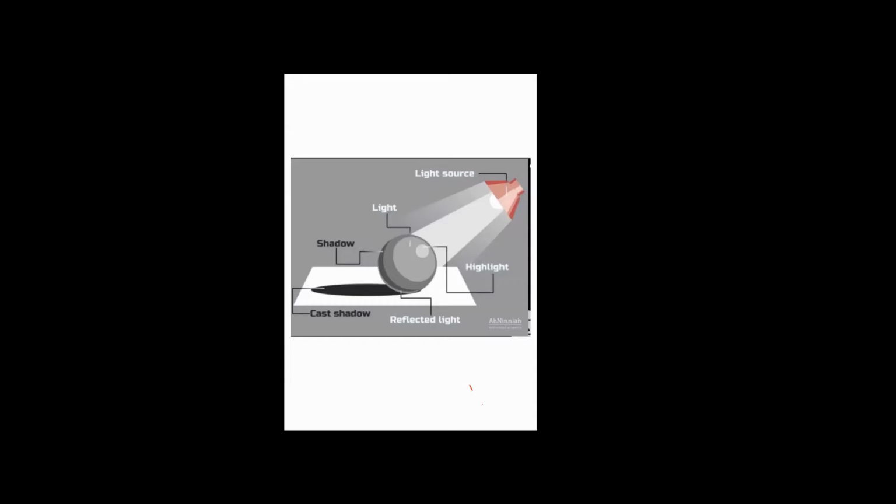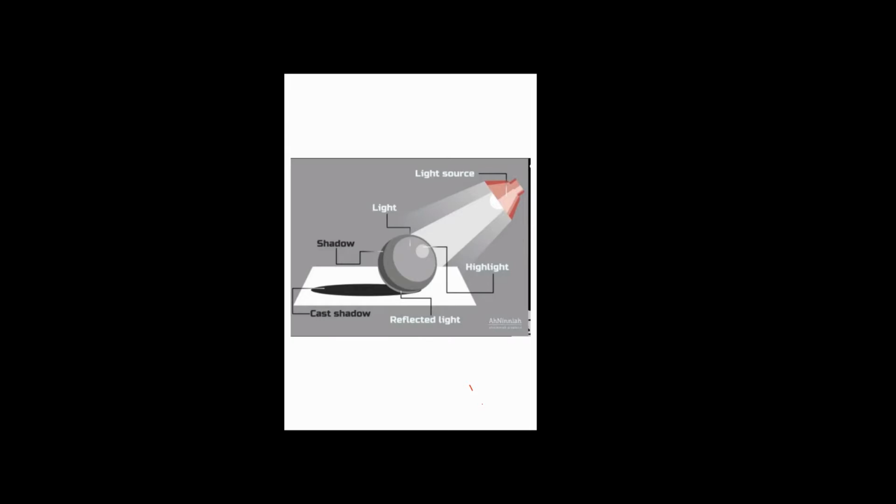Generally the first area where the direct light falls on an object is called the light area. The medium area where the dimension changes, therefore we see it a little darker, is called medium, and the darkest portion is called the dark area. Here we can see that the shadow is also cast due to the presence of light.